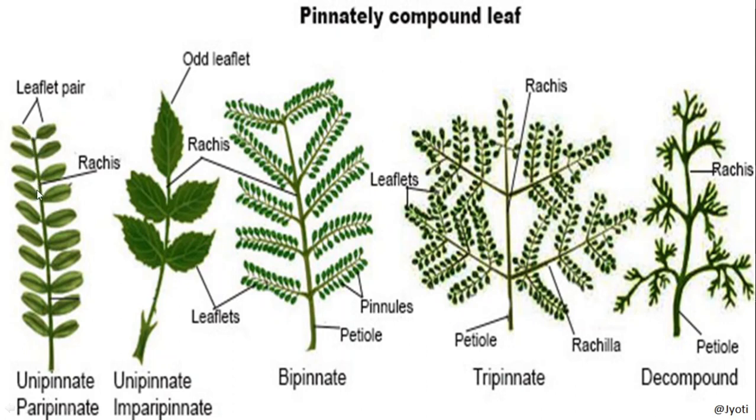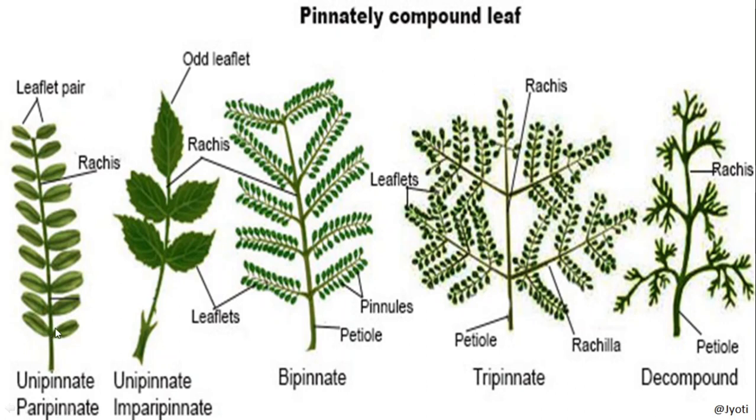So this is the midrib, but here since the leaflets are there, this is not a simple leaf. That's why the midrib is called rachis. Am I clear? Rachis, and the leaflets are developed at regular intervals from the rachis.